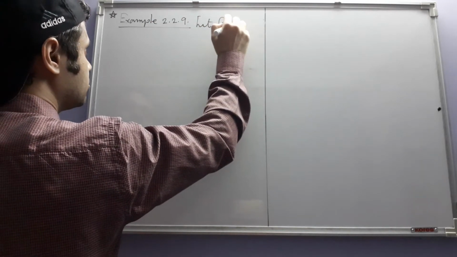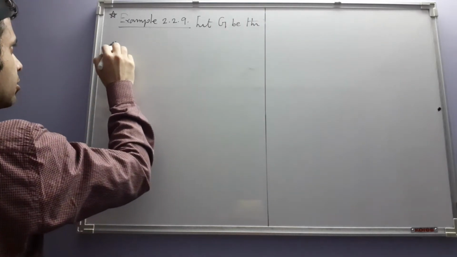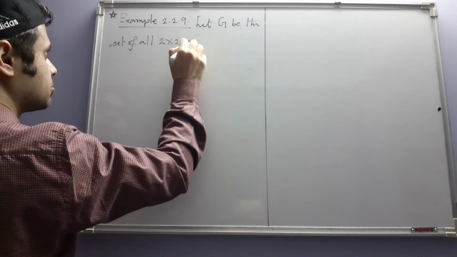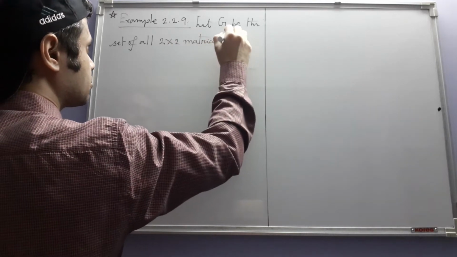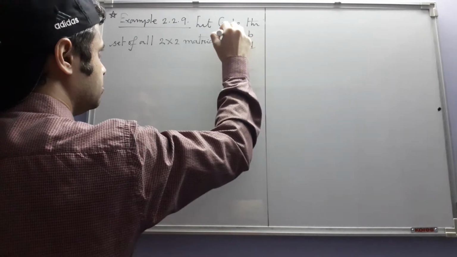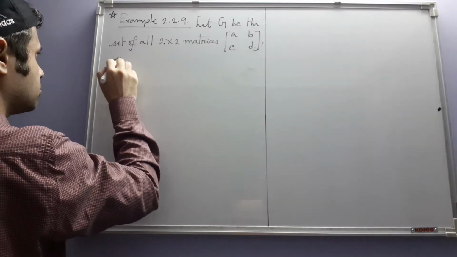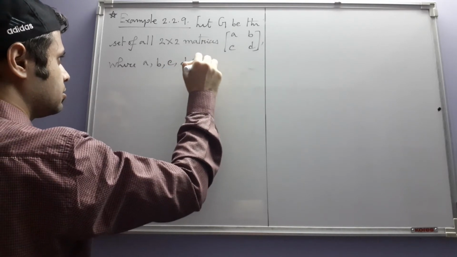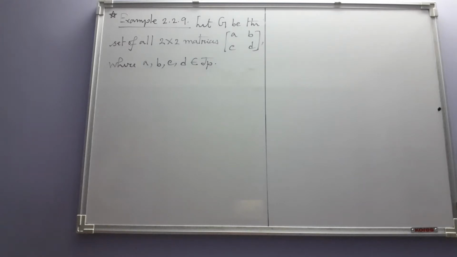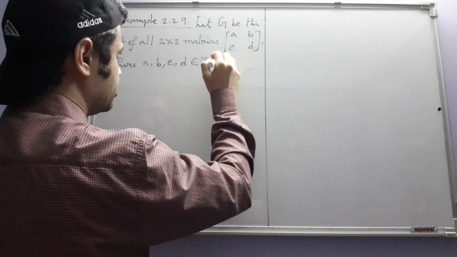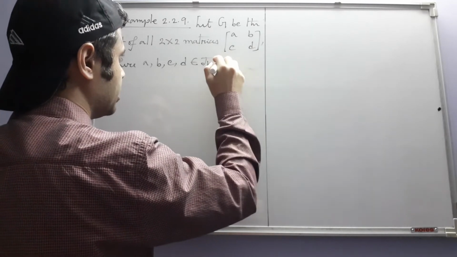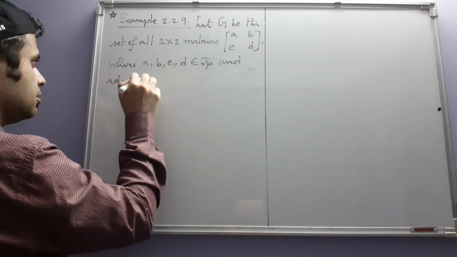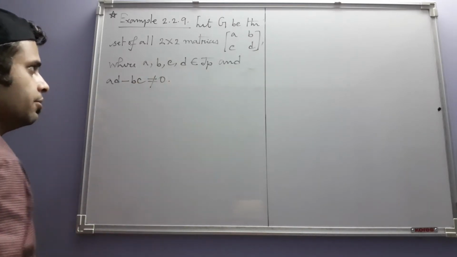Let G be the set of all 2 by 2 matrices A, B, C, D, where the entries now are coming from the set JP, the set of all integers modulo P, and such that AD minus BC is not equal to 0.